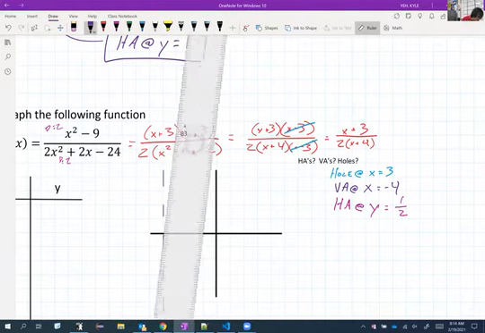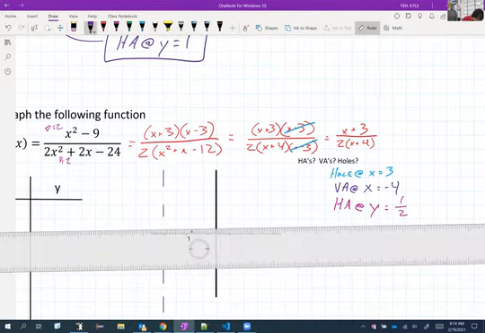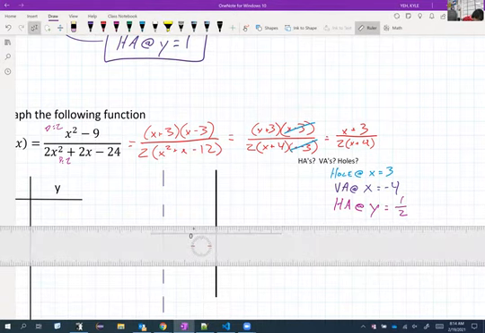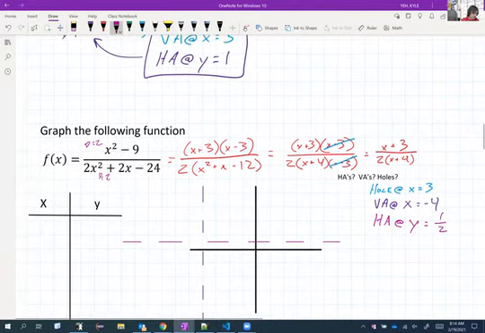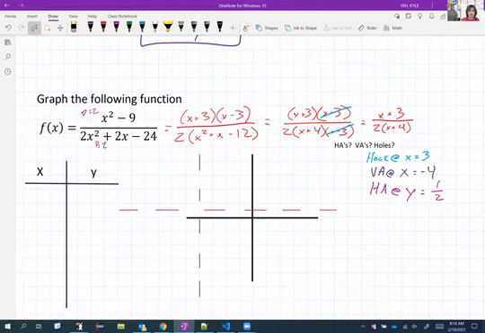I have a horizontal asymptote at y equals 1/2, so I will get that right about there. When we're graphing these, wherever we have asymptotes and holes, those are the really interesting parts of the graph, and that's where we want to focus for our table.